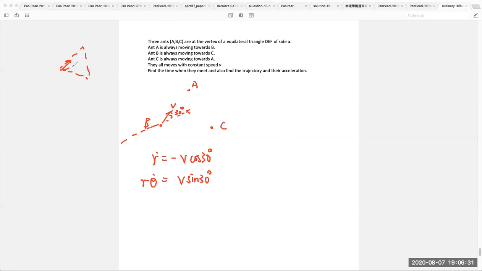And then the velocity always has 30 degrees with the r, and always points somehow towards the center with a tangential component. So then we need to try to solve the trajectory using these two equations. These are the only two equations we can get here. It's much more difficult to find the acceleration actually.